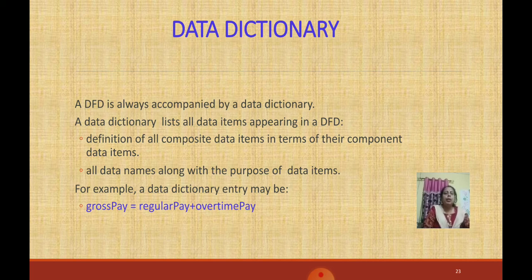Means it has an explanation about the data. All the composite data items and what the uses of that data item are, they are explained in the data dictionary. For example, a data dictionary entry may be gross pay equal to regular pay plus overtime. Means gross pay is used to represent regular pay plus overtime. So the data dictionary is the explanation of that DFD.